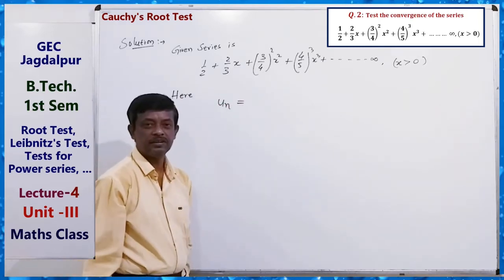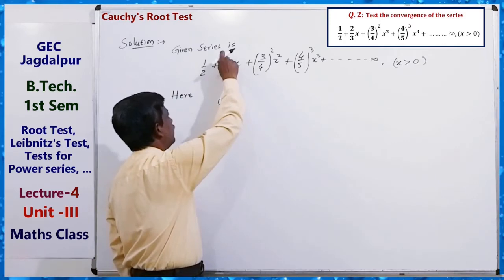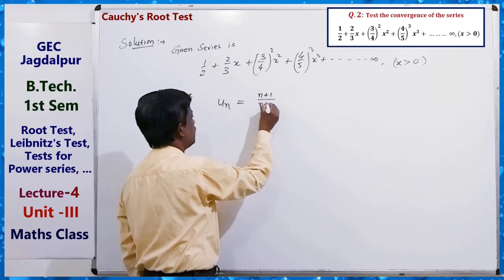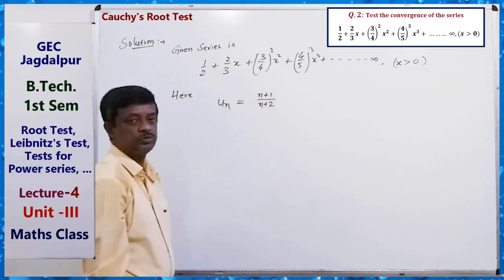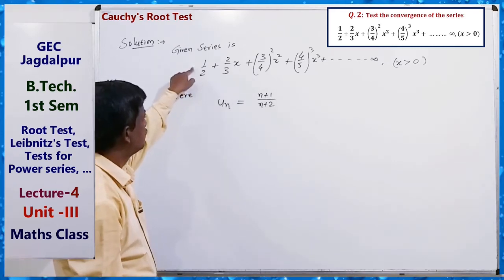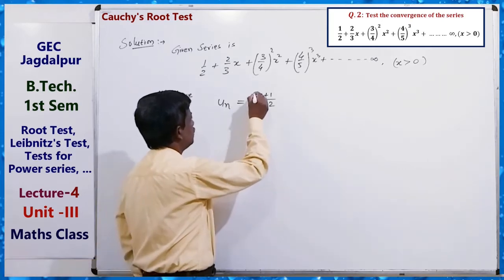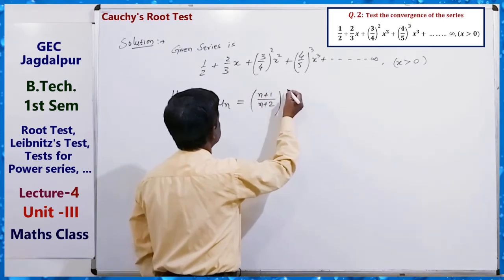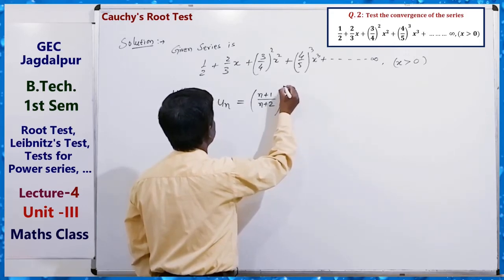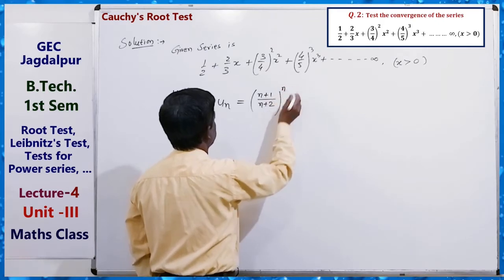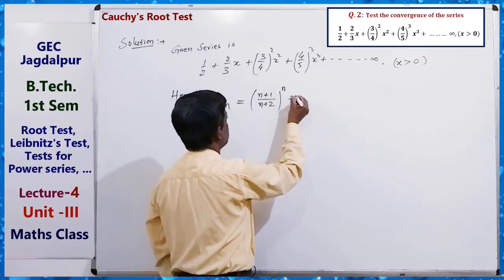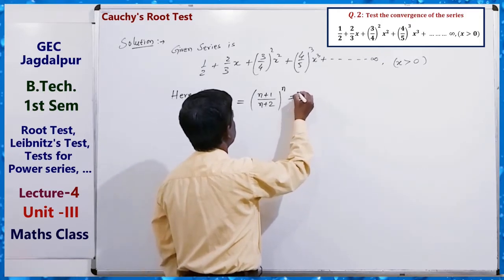The nth term will be n by n plus 1, to the power n, and x to the power n also.